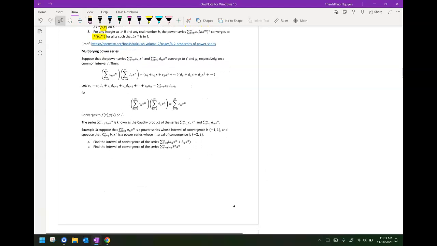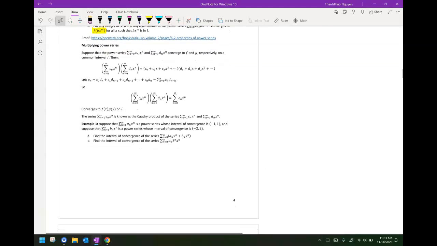What happens when we multiply power series? Recall the power series, if they converge to f and g, are like two polynomials. So we technically multiply two polynomials and rewrite the result as a power series.